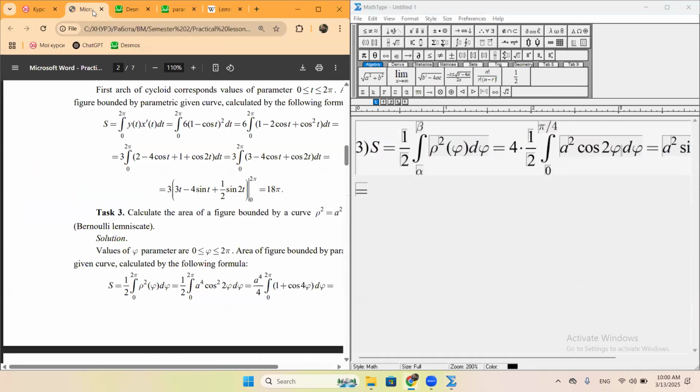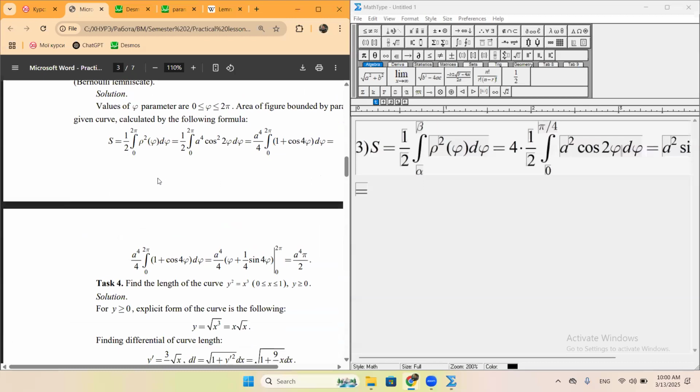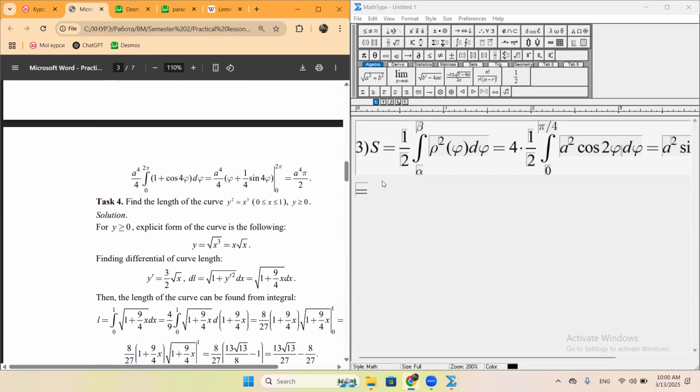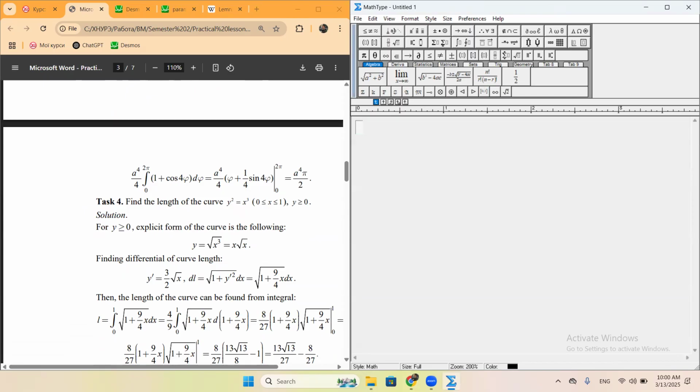Okay, if no questions, let's move next. So now we need to find the length of the curve using the integral. So how to calculate the length of the curve?